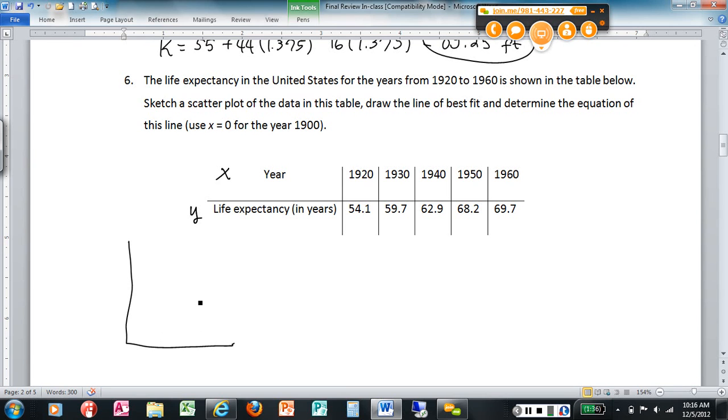All right, so 1920. We're using 0 for 1900, so that would be 20, 30, 40, 50, and 60 for my x's. And then my life expectancy, well, I'm going from 54 to 69. How about we start with 50 and then 55, 60, 65, 70.